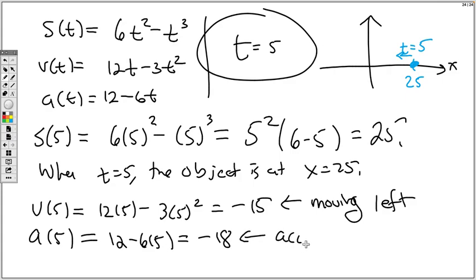So this means that it's accelerating to the left. If I'm going to the left and I'm accelerating to the left, is it speeding up or slowing down? Speeding up. So once again, if velocity and acceleration are either both positive or both negative, it means that the object is speeding up, because the acceleration is in the same direction as the motion.